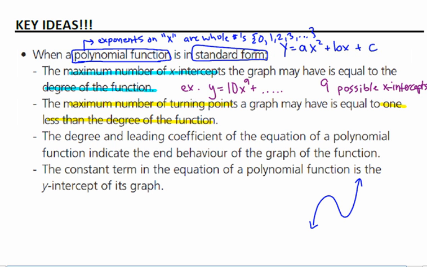So this graph has 2, because it's going to be a bump, a curve. If we had that function y equals 10x to the 9 plus whatever, how many possible turning points? 8 possible, 8 max turning points.